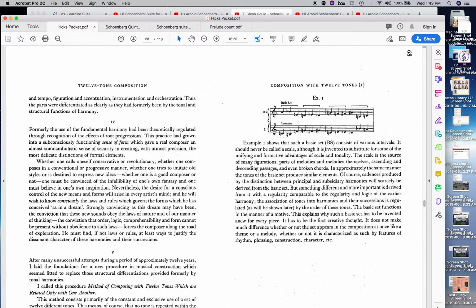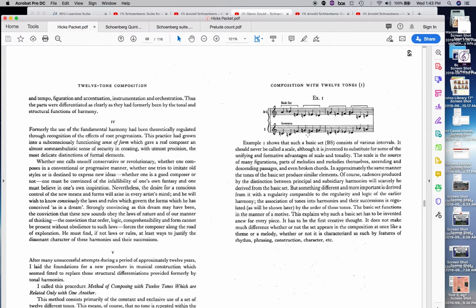Okay, now that means the inversions are also identified by their first note, their first order number. If A is 0, then A is 1, 2, 0, 1, 2, 3. C is going to be 3. So this is actually I3.